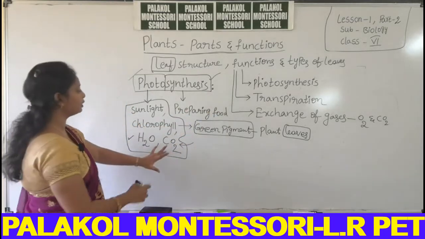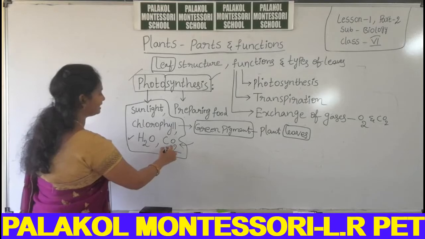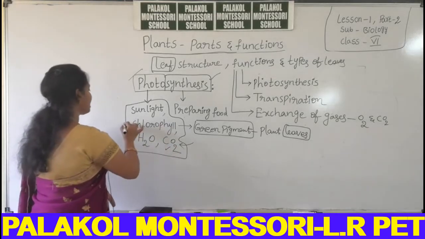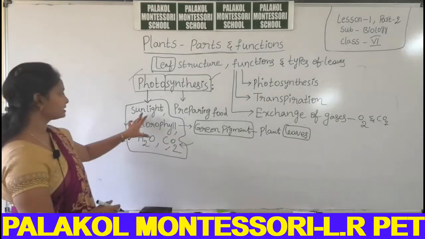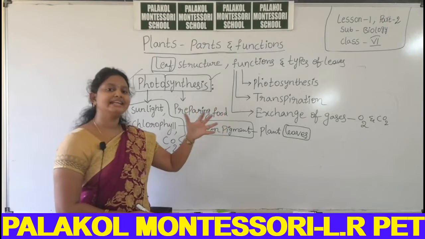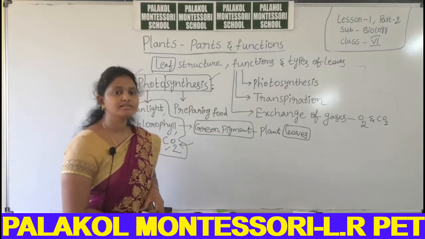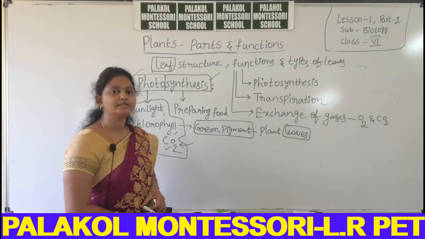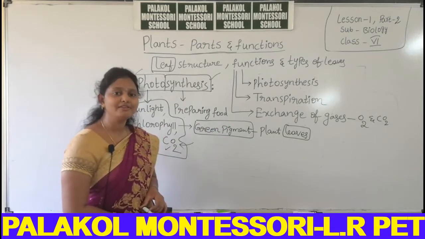Okay, so CO2 has a clear reason, H2O has a clear reason, chlorophyll also has a clear reason. So sunlight. Why is sunlight required? Because sunlight is the basic energy. From sunlight only so many energies will form.